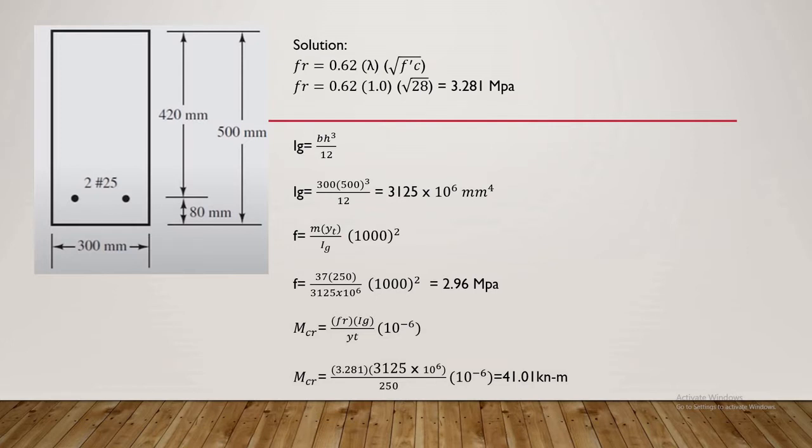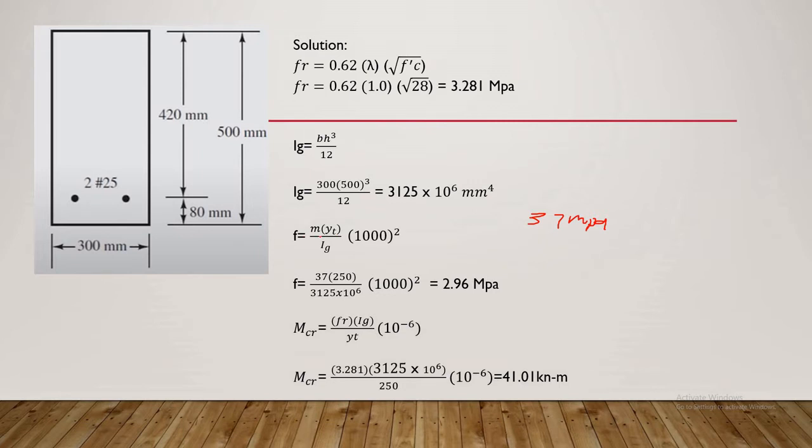Okay, so next na hanapin natin is yung ating bending stress of the beam due to moment. Okay, so ang formula sa ating bending stress or F is yung ating moment na given kanina, which is 37 kilonewton meter.